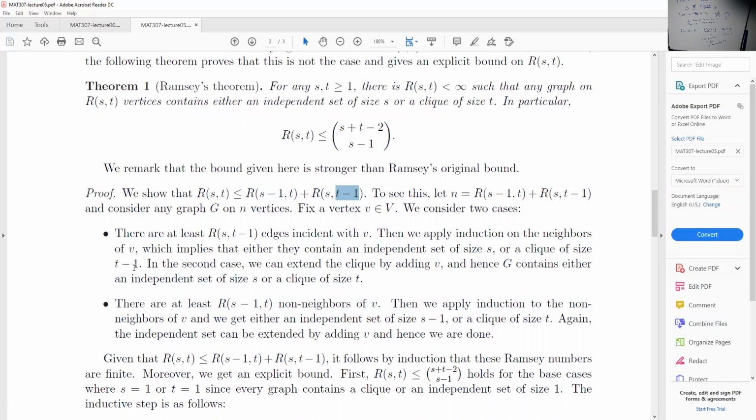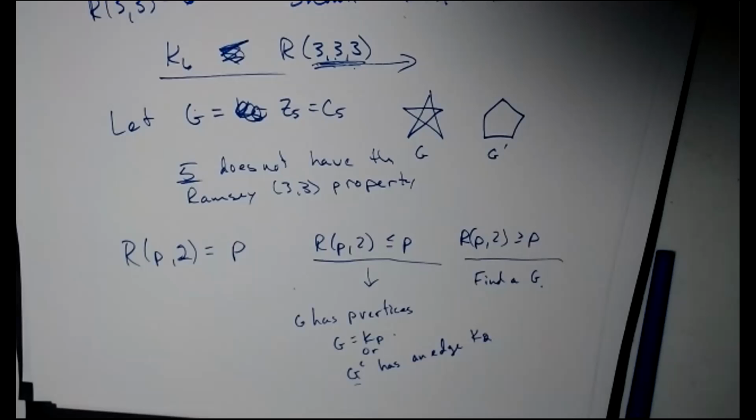And this actually gives us that the Ramsey 4-4 number has to be less than or equal to 18. That's the last one for which this bound is good. So according to this, R(4,4) has to be less than or equal to R(3,4) plus R(4,3). Let me pop back over to the table here.